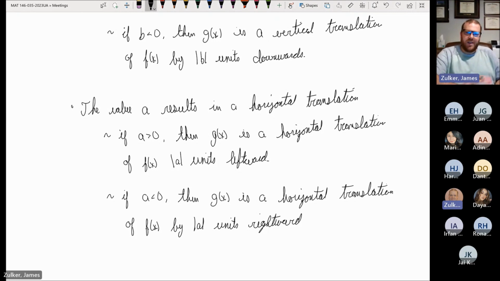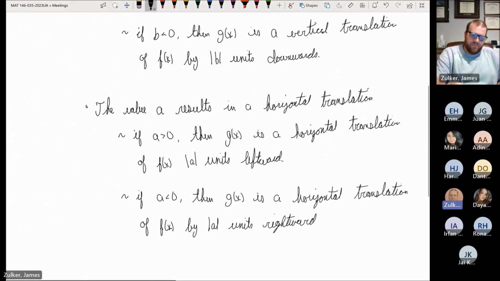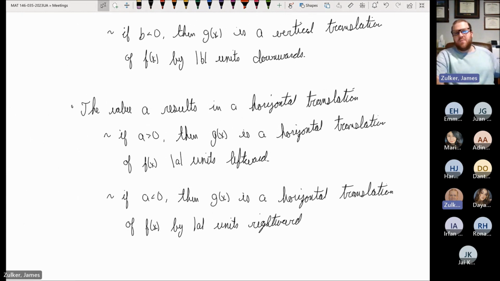So to the right as you're looking at the plane, the coordinate axis. Right, so everything is with respect to the coordinate axis. That happens if a is negative. If a is positive, it's a leftward translation.